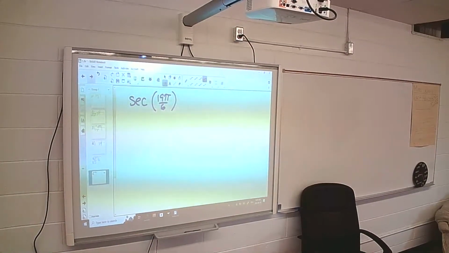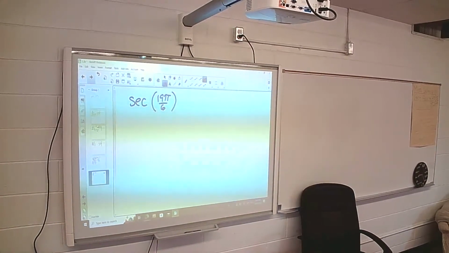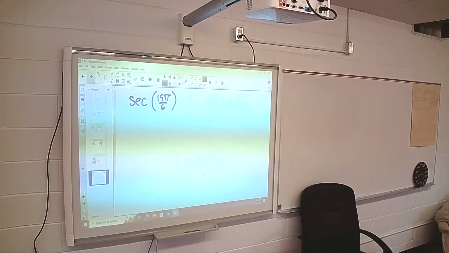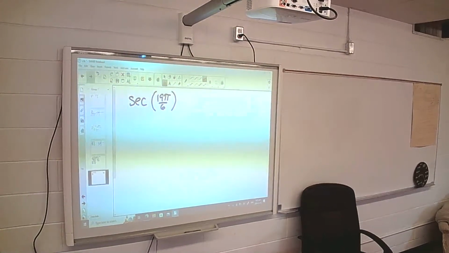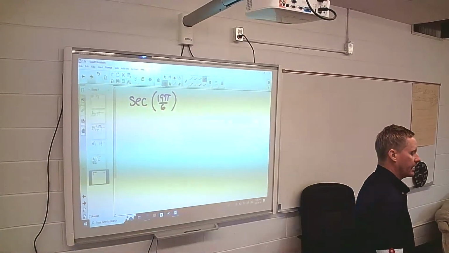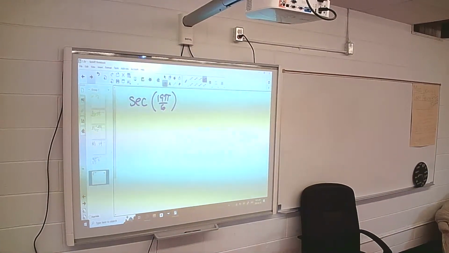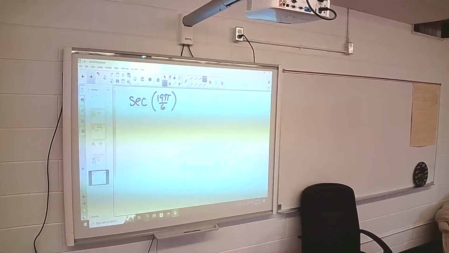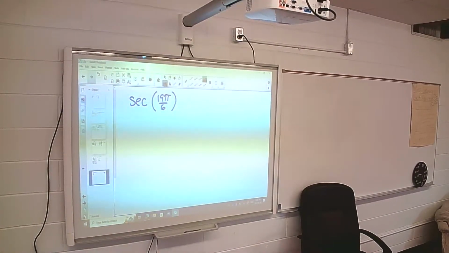What does 19 pi over 6 represent? Come on, let's wake up here. What does 19 pi over 6 represent? A ratio or an angle? It's an angle.